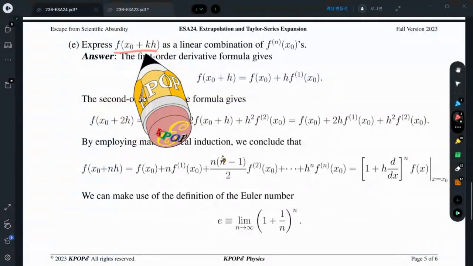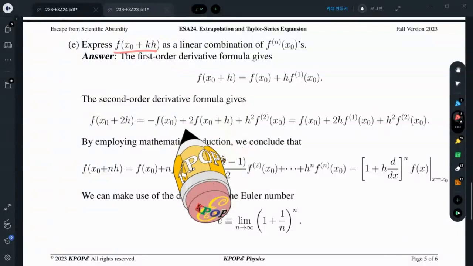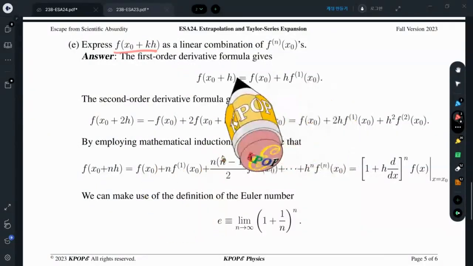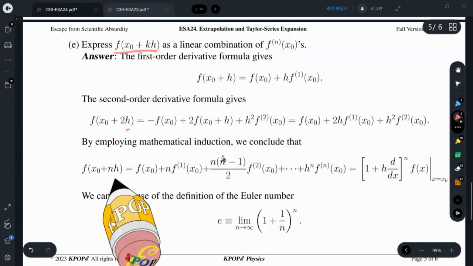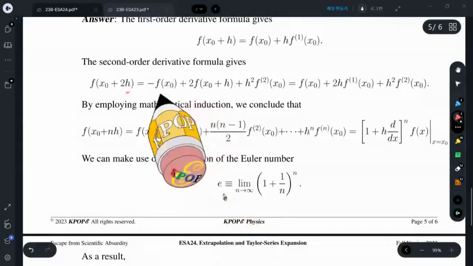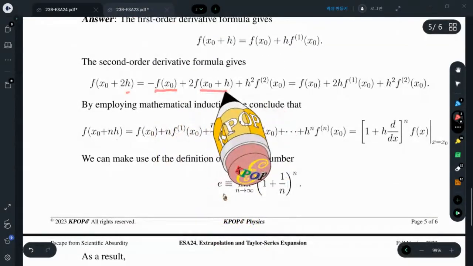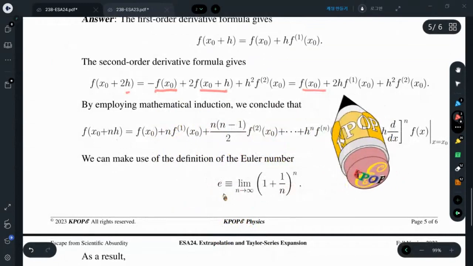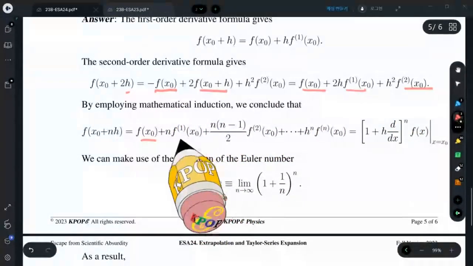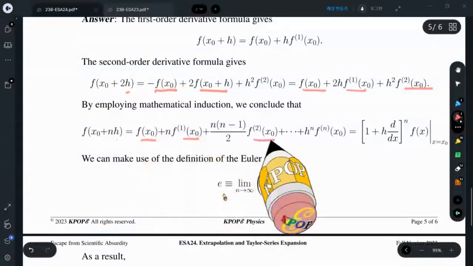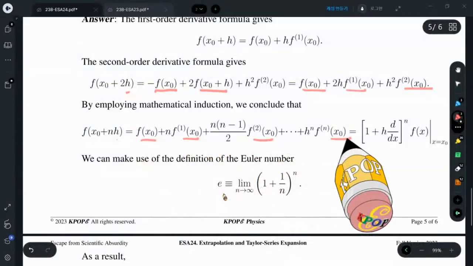this formula can be used repeatedly to extend the region of extrapolation by h, 2h, and nh, and so on. In addition, the coefficients of the power series are all derivatives: zeroth order, first order, second order, nth order.